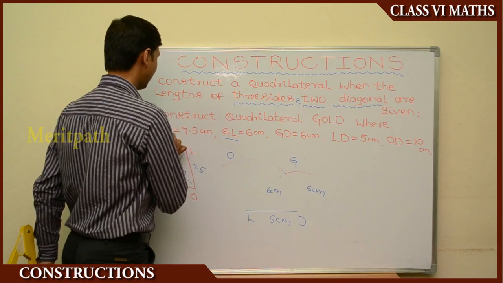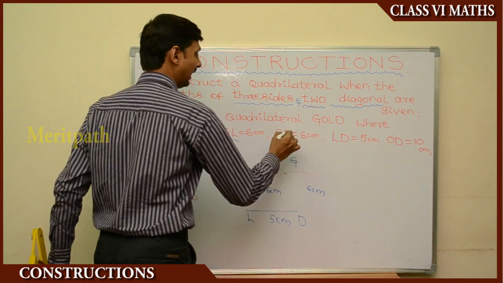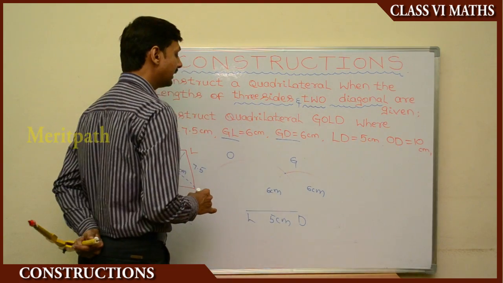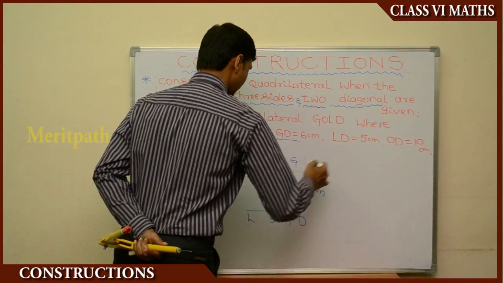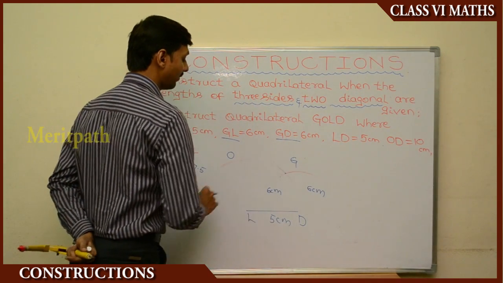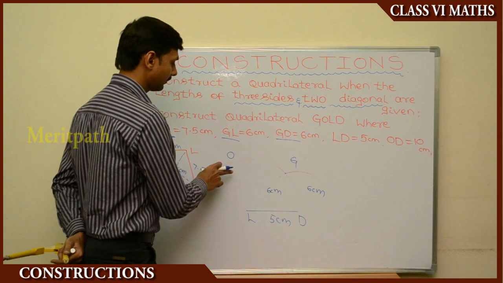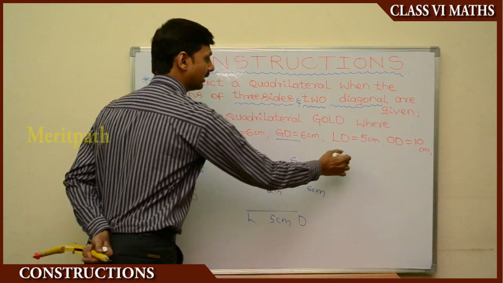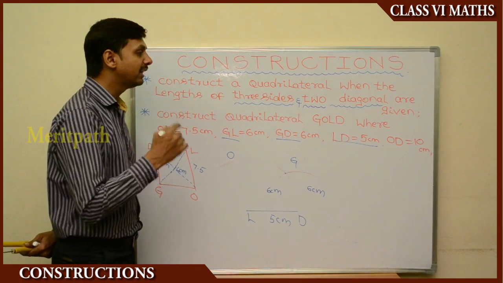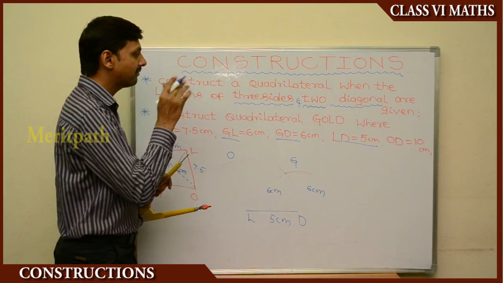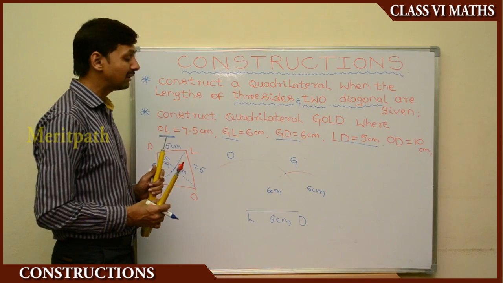LG or GL and OL we have completed and GD we have completed, and OD we need to do, because OD we did not take 10 centimeters. LD we have done first, so OD we need to construct. Remaining all the things are completed.